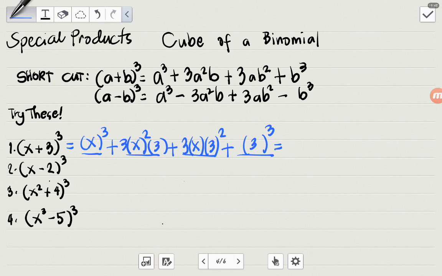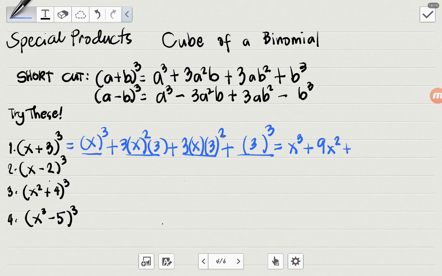So, simplify natin. Cube ni x ay x cube. Plus 3 times 3, 9. Square mo na. Square ni x, x square, times 3, you have 9x square.